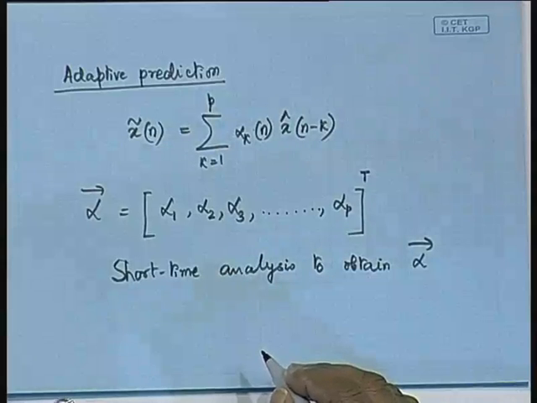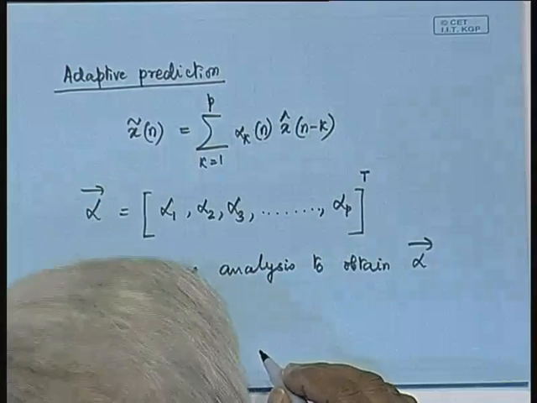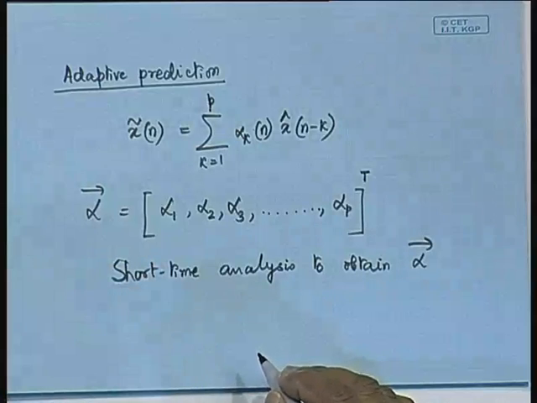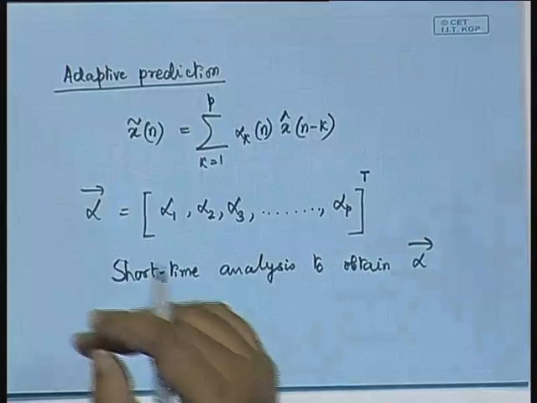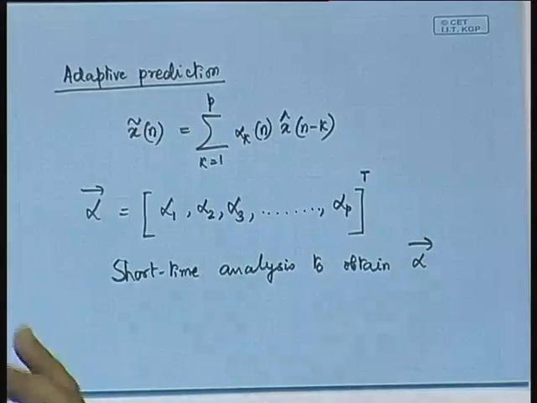The long time analysis could have been sufficient, but because it is quasi stationary, that is why we have to do short time analysis, so that within that short time the property of the speech signal does not vary, and only then we will be able to choose these coefficients alpha vector, so that one can obtain the optimal values of this adaptive prediction.